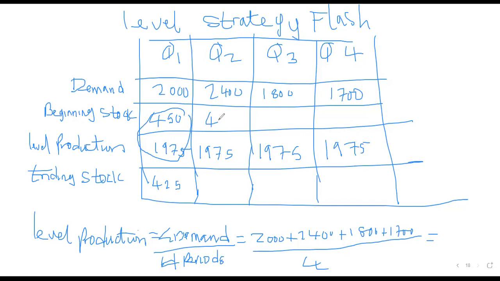The beginning stock 450 plus 1,975 minus 2,000 gives 425. Then 425 plus 1,975 minus 2,400 gives 0. Then 1,975 minus 1,800 is 175. Then 175 as beginning stock in this quarter plus 1,975 minus 1,700 is 450.